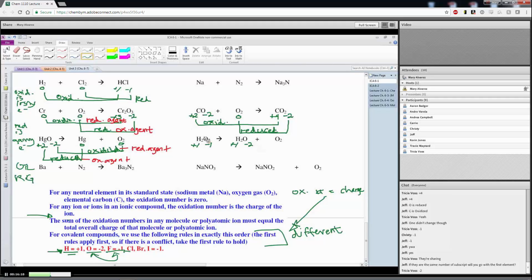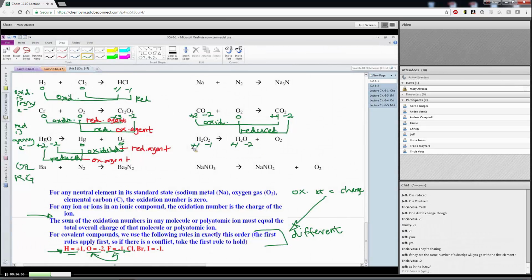If they are the same number of subscript, then they've got to have equal and opposite charges, like they were here, right? Both 2 ones, 2 ones. Here I went with the first one only because the rule said, look at hydrogen first. If there's not hydrogen, then you can say the oxygen's -2. But if there is a hydrogen, then it has to be +1.